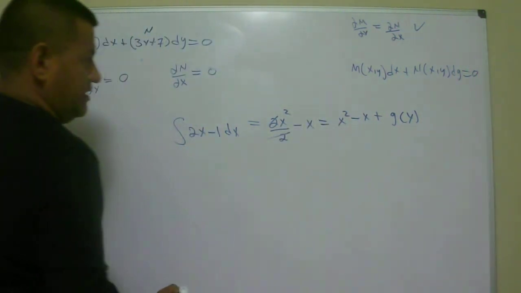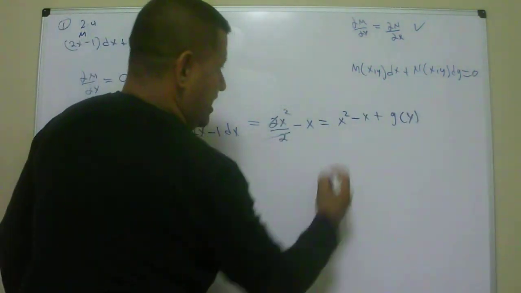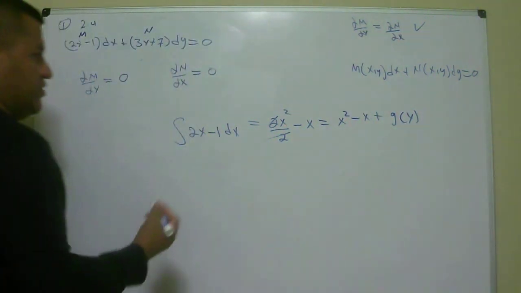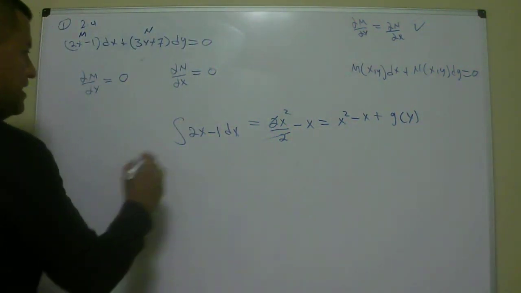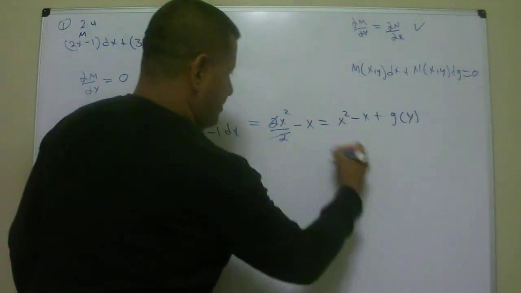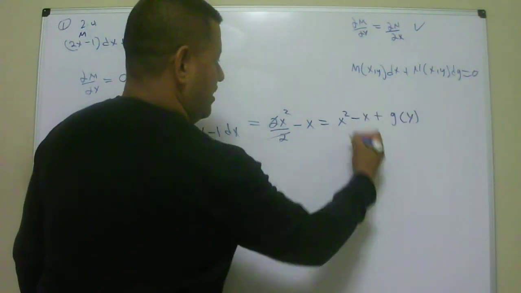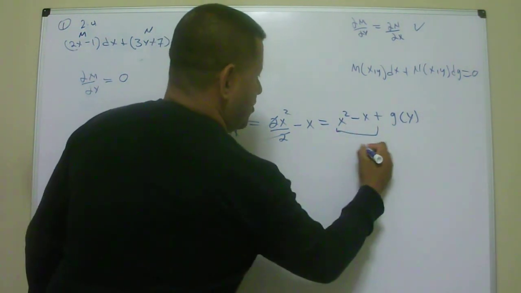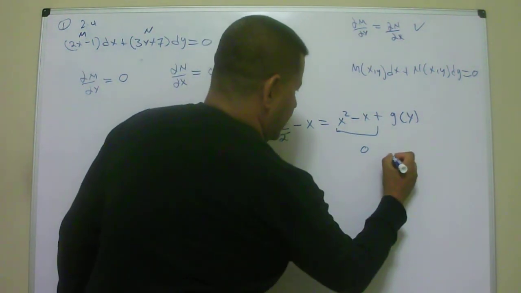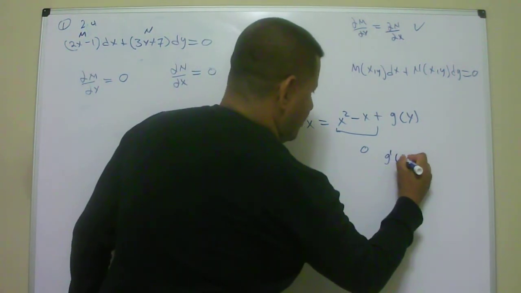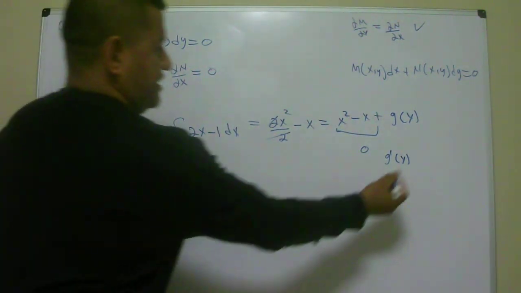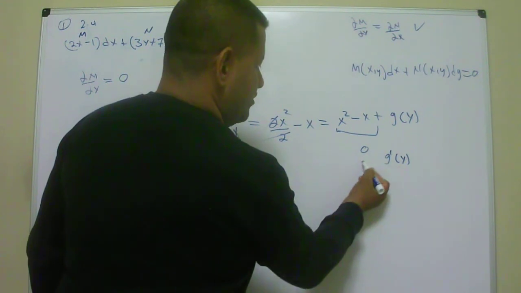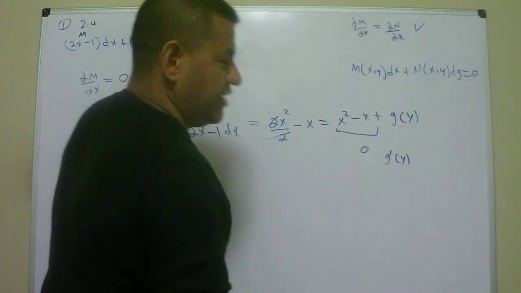Now I take this integral of M, which gave me the other function of y, and I take the partial derivative with respect to y. This whole piece goes to 0, and I get g prime of y.